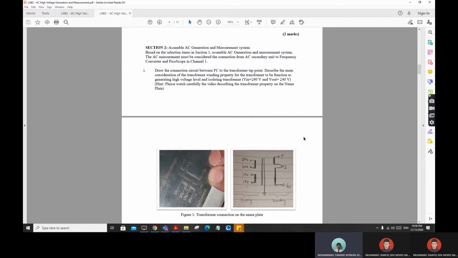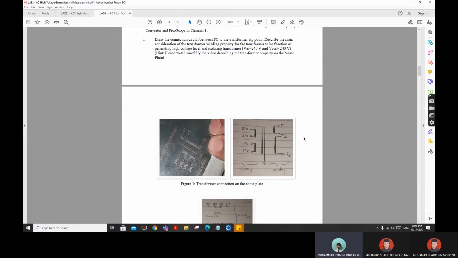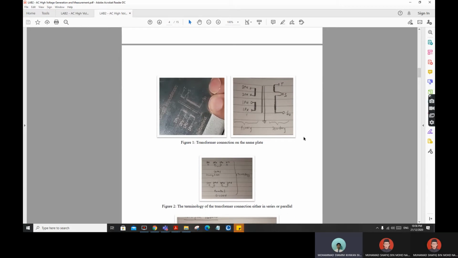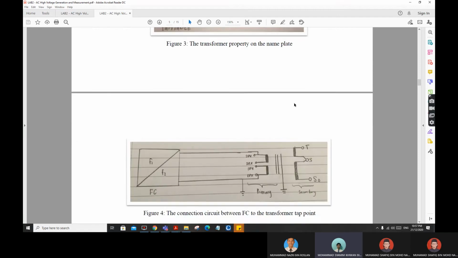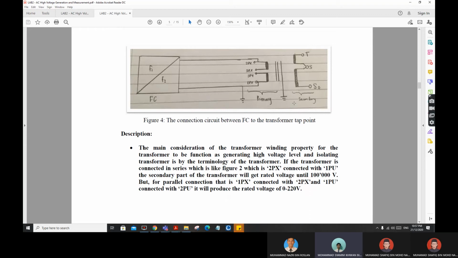Figure 1 is the transformer connection on the nameplate. In figure 2, we can see the terminology of the transformer connection, either in series or parallel. Figure 3 is the transformer property on the nameplate. And figure 4 shows the connection circuit between the FC and the transformer.